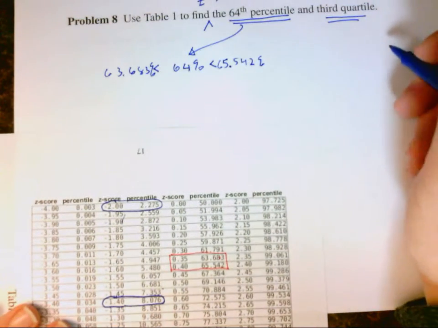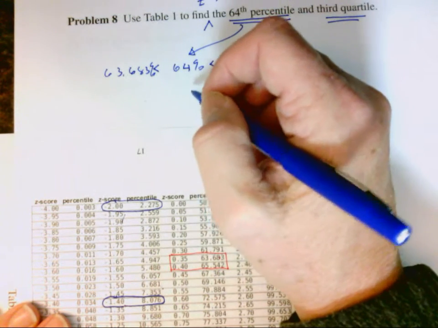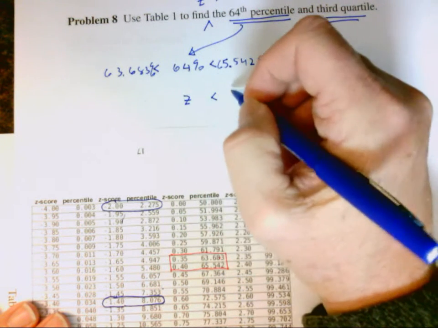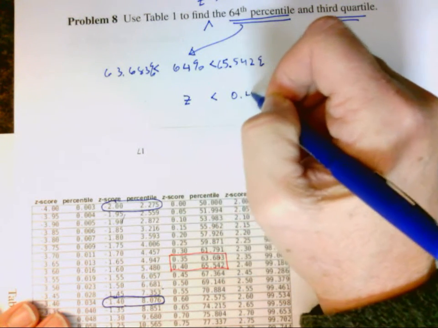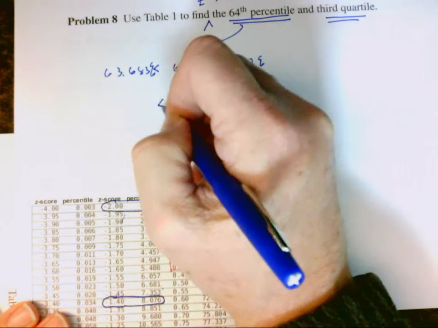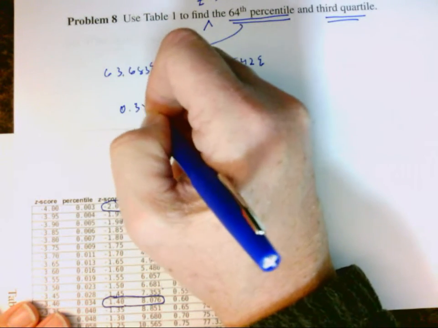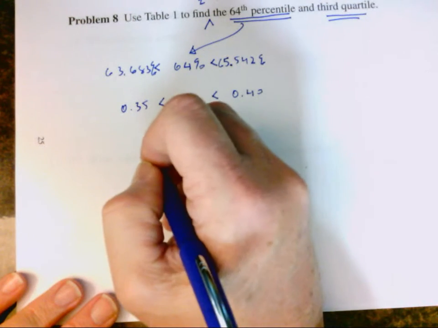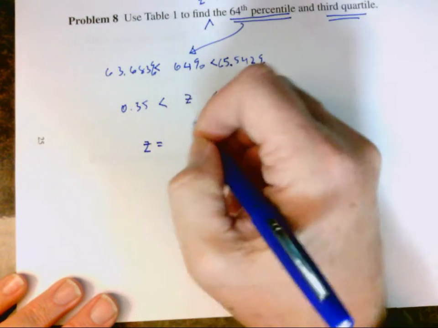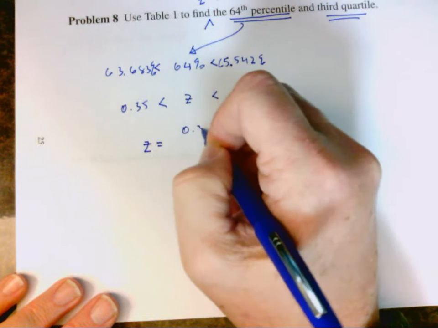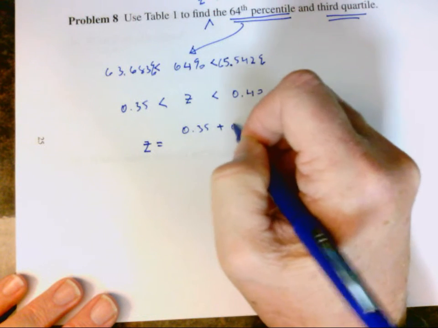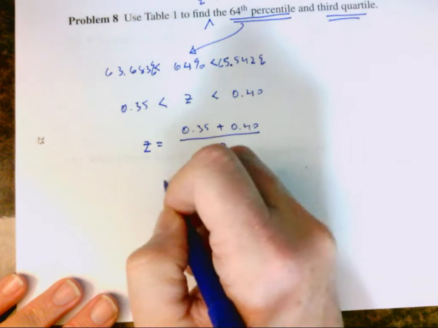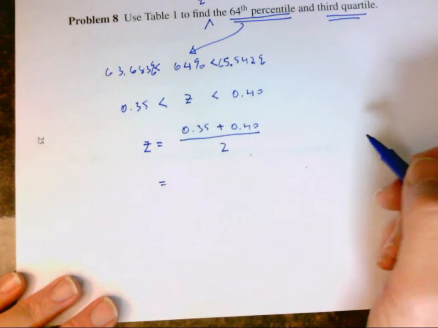So that means that the z-score that we want is going to be between a z of 0.40 and 0.35. So we could simply say that our z is going to be 0.35 plus 0.40. This is very sloppy interpolation, just simply taking the mean because it looks to be about halfway between.